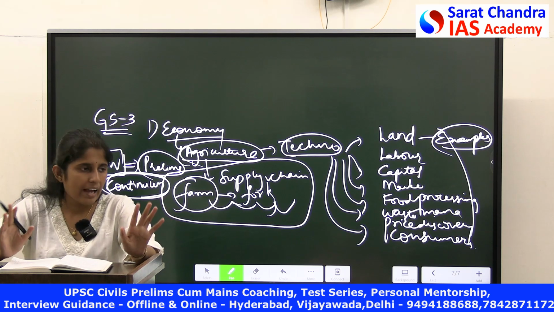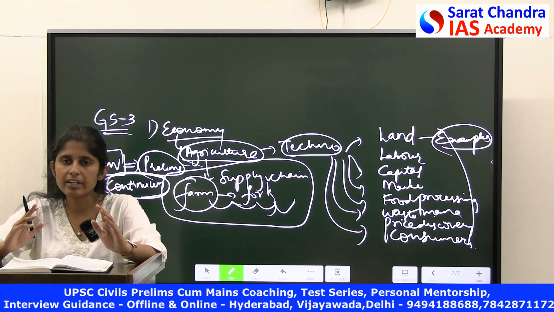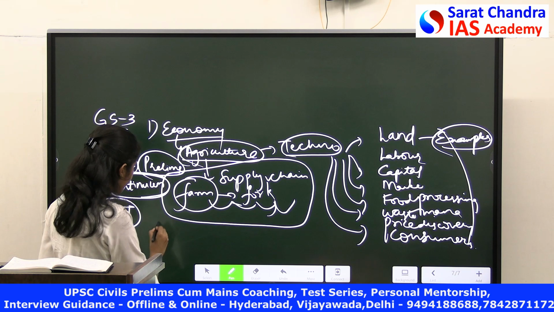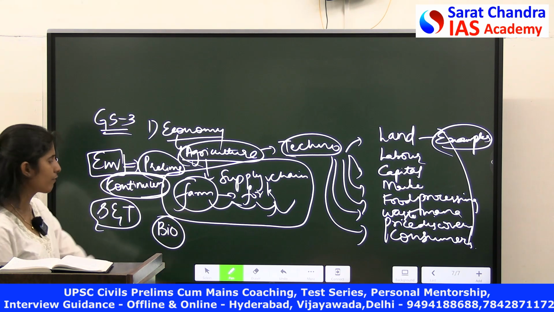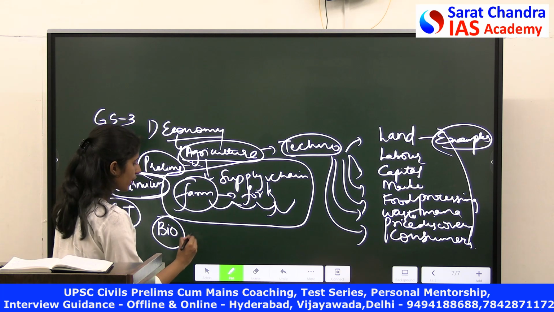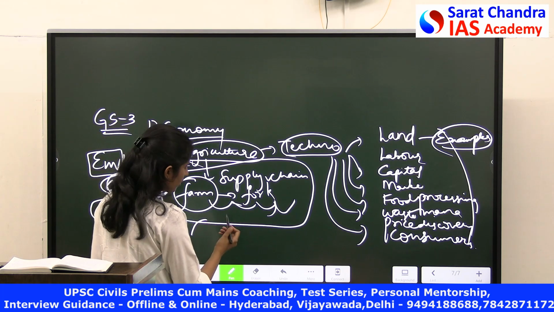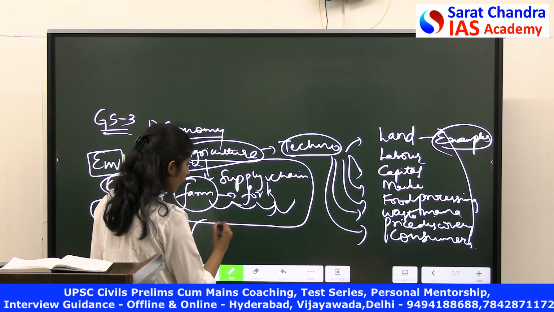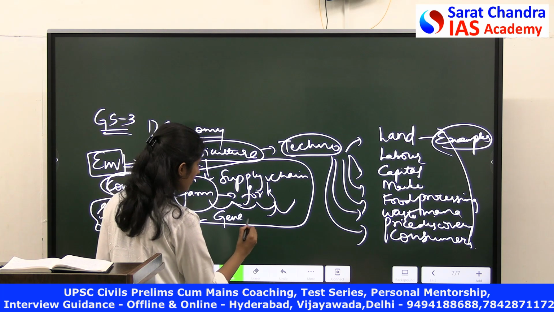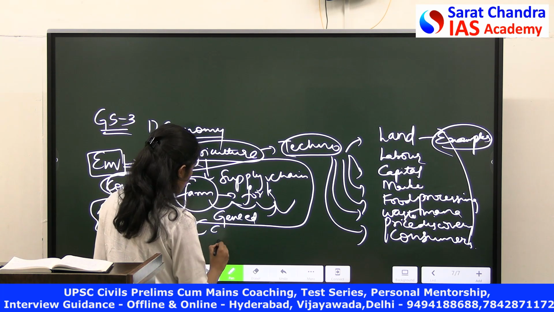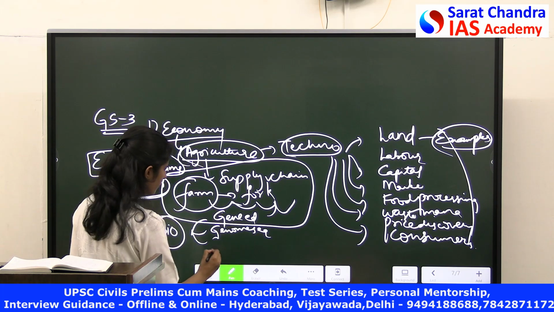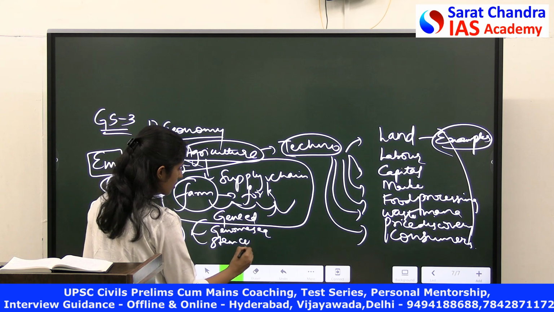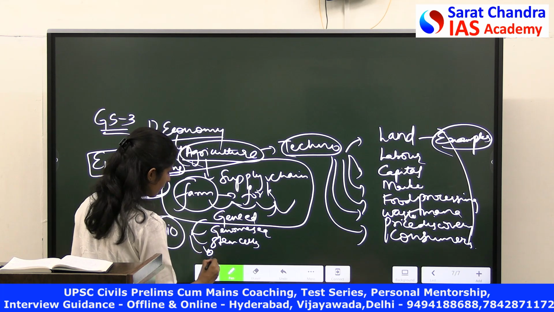But what you can do for science and technology is take up every technology, take up biotechnology, and then a holistic set of notes, or a holistic framework, has to be there. What do you include in biotechnology? You can include something related to gene editing, genome sequencing, stem cells, vaccines.